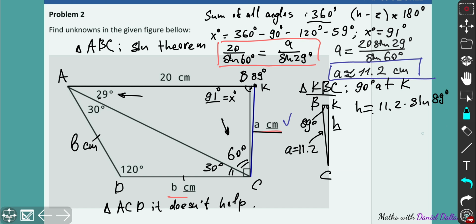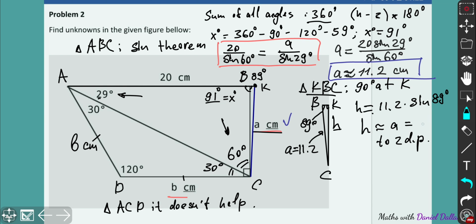11.2 times sine of 89. I will get around, wow, to one decimal place, even to two decimal places, we got the same height. If you consider more precisely, we can say that the height in this case is almost A if you consider two decimal places.